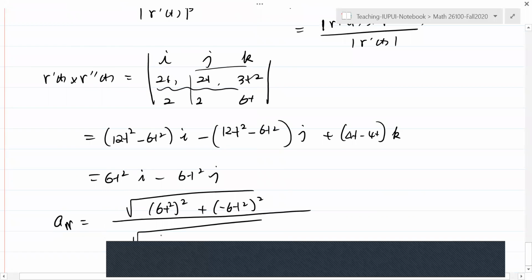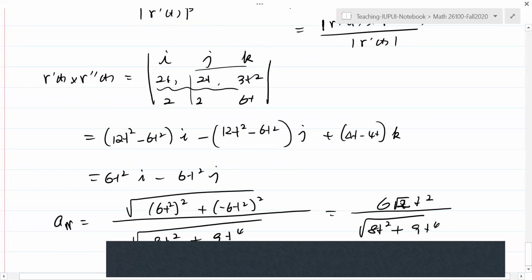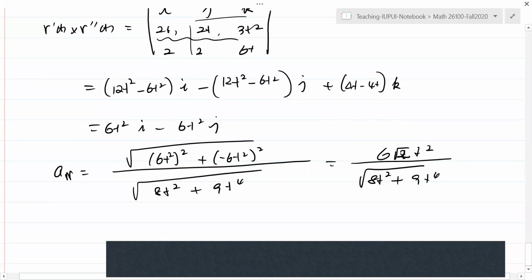So it's going to be the square root of 8t squared plus 9t to the 4th power. Okay. So we simplify it, and that is going to be 6 square root 2 t squared. Now, if you assume t is positive, you can simplify it further. Otherwise, just leave it like that. If t could be negative, you have to keep the absolute value of t if you take t squared out of the radical.